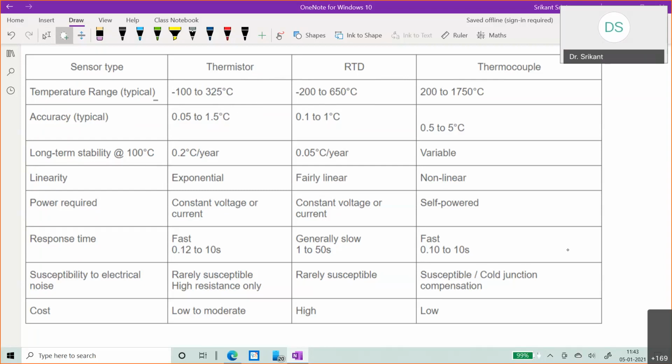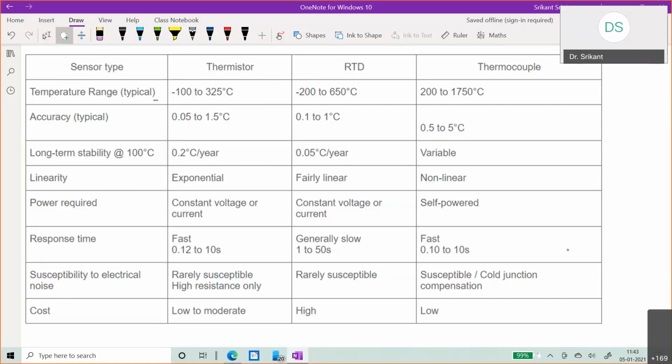So that's the advantage of that. Or if you want to, like I told you, do very low temperature experiments, like I used to do when I was working in some condensed matter physics experiments, then you had to get very high purity materials like beryllium or something like that, which would measure very low temperature very accurately. You can see that there are different levels of accuracy, then stability. So you can see for RTD how the stability is very high.